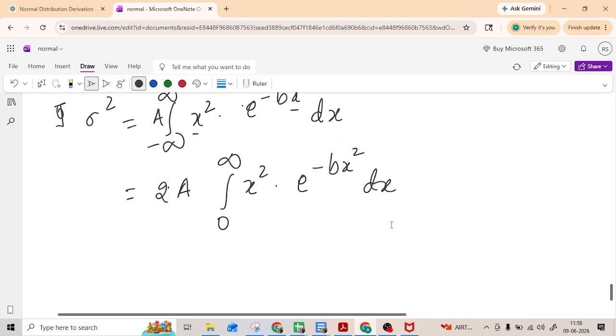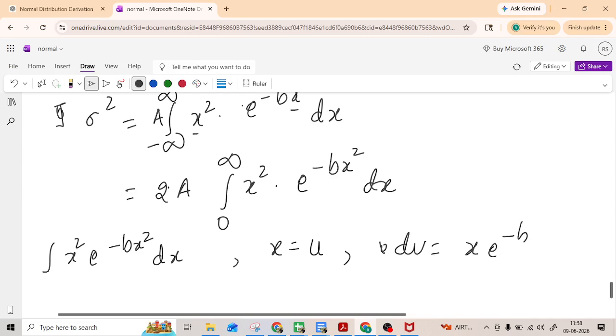Okay, so this is what we have, and then I showed you that when you do the integration of x square into e raised to the power minus bx square dx, we assume x to be u, and dv equal to x e raised to the power minus bx square dx.